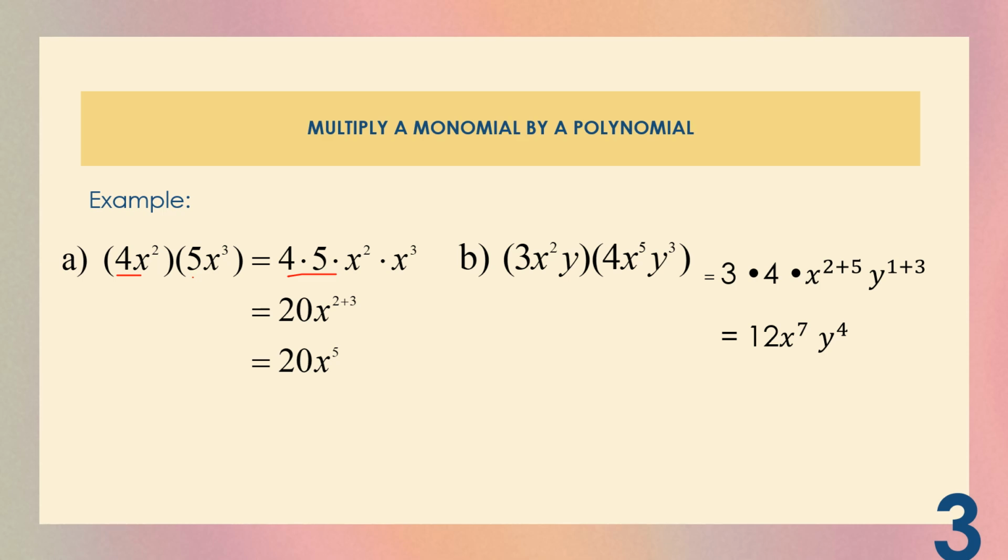So we have 20x to the fifth power. In here, we have 3x squared y times 4x to the fifth y cubed. So we have 3 times 4, and then x to the 2 plus 5, and y to the 1 plus 3. The final answer is 12x to the seventh y to the fourth.